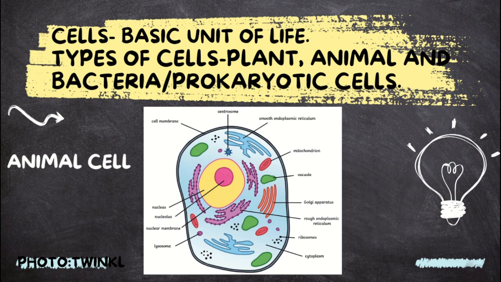So bacteria, prokaryotes, same thing. And then eukaryotes, our plants and animals, or fungus, would fall under that category. Bear in mind that we need to be able to differentiate between a eukaryote and a prokaryote, and just know that prokaryote means before a nucleus and eukaryote means true nucleus.